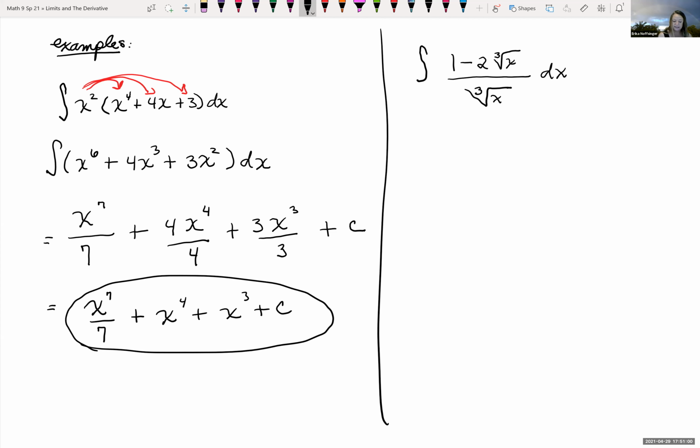Okay, so again, this is not in a form that we know how to take the antiderivative of, but we can manipulate this. Notice in this quotient that our denominator is just one term. So we can rewrite this so that we're just dividing each term in the numerator by the term in the denominator. So we could rewrite this as 1 over the cubed root of x, minus 2 cubed root of x all over the cubed root of x, dx.